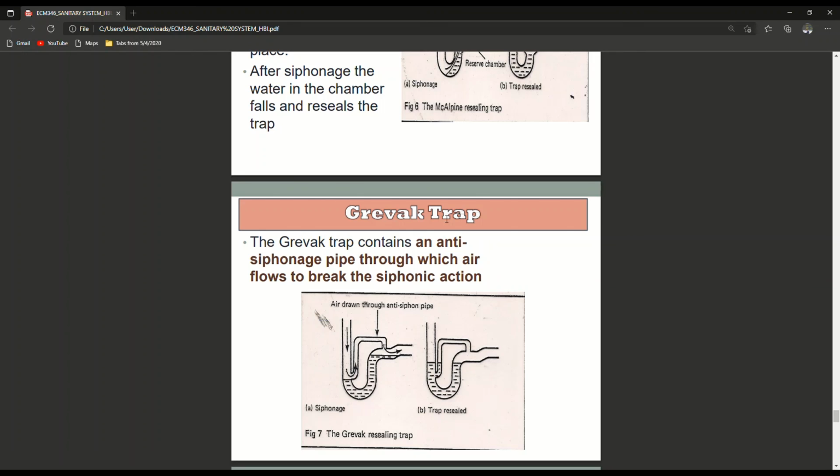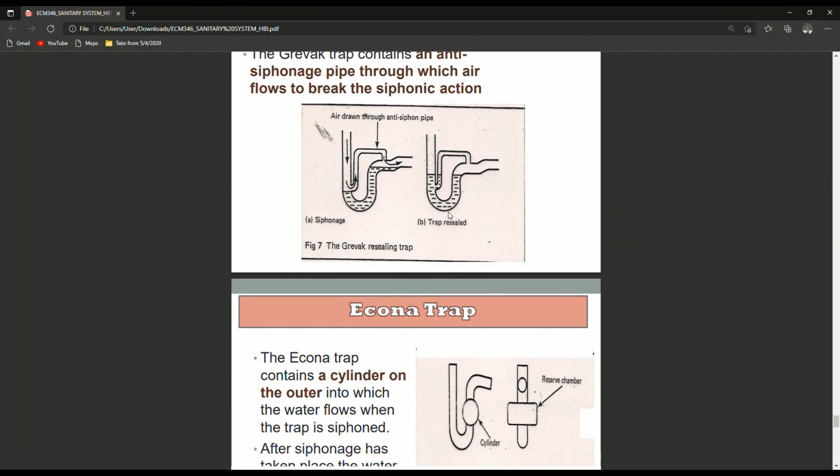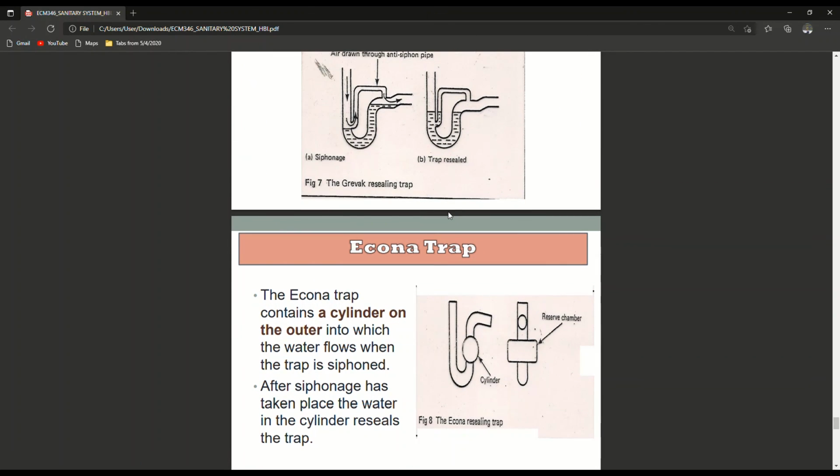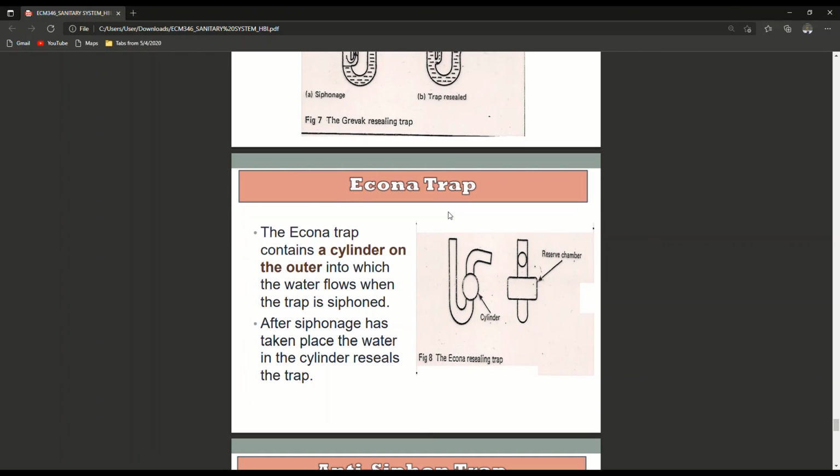The Gravatt trap contains an anti-siphonage pipe through which air flows to break the siphonage action. Econa trap. The Econa trap contains a cylinder on the outer side into which the water flows when the trap is siphoned. After siphonage has taken place, the water in the cylinder reseals the trap.